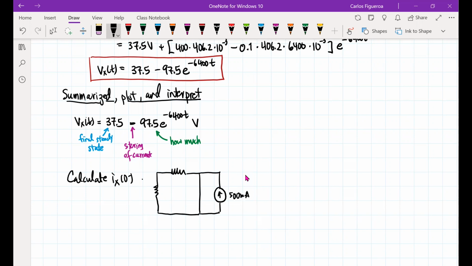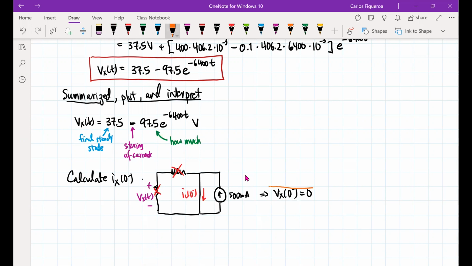We know that because of this short here, all of the current goes to the inductor. And since we have already defined this as Vx of t here, you can see that these guys are shorted out. So this immediately tells us that Vx at 0 minus should be 0.